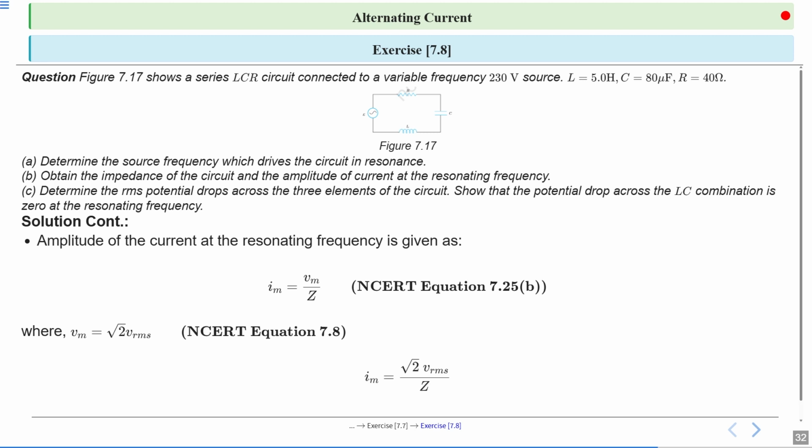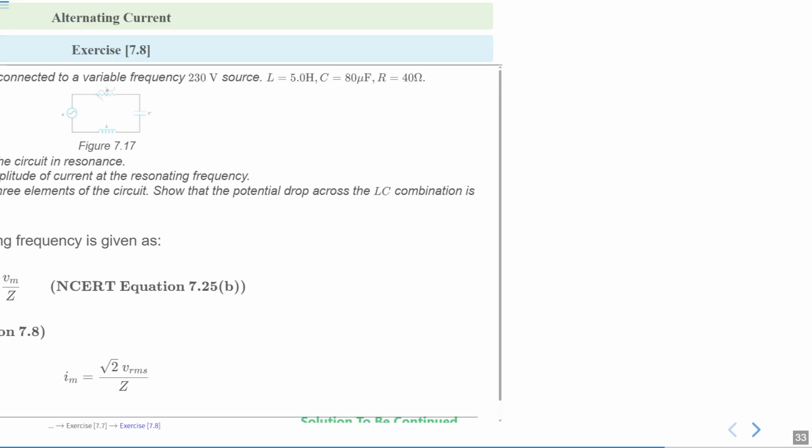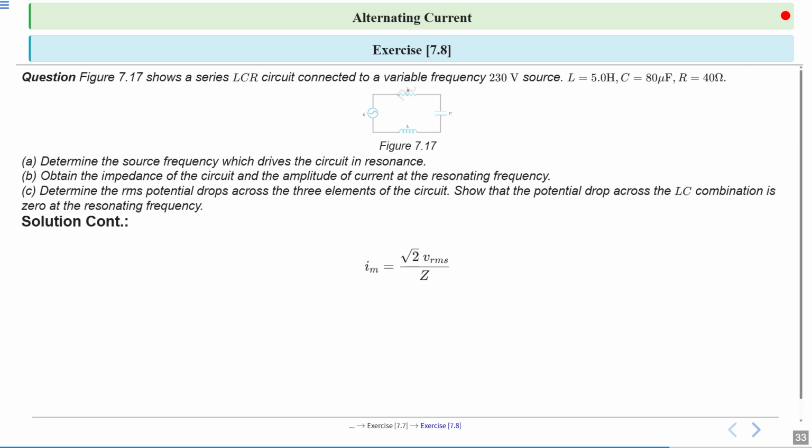So put the value of Vm in the expression: Im equal to root 2 VRMS upon Z. Now VRMS is given, 230 volt. Also Z is given. What is Z? Equal to R at resonance, which is equal to 40 ohm. Now putting the values of VRMS and Z, we will get Im equal to root 2 into 230 upon 40 ohm.